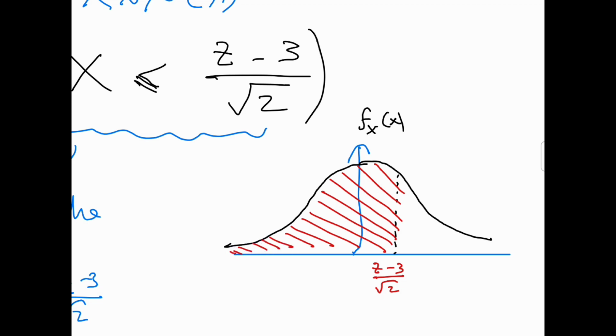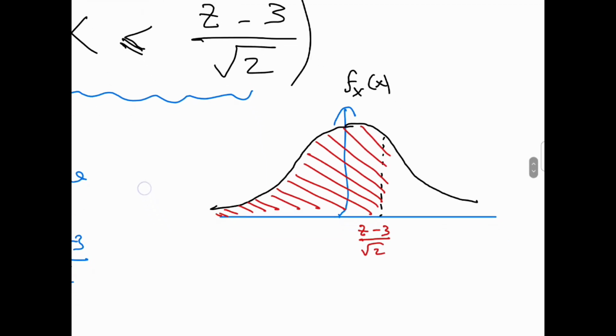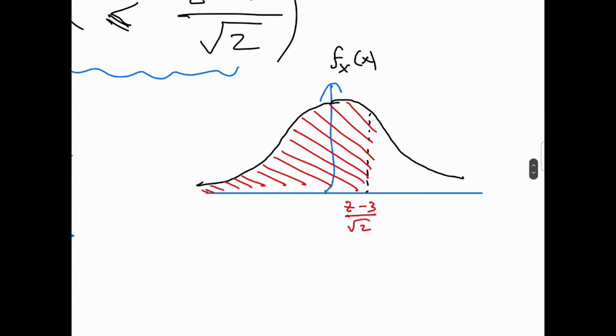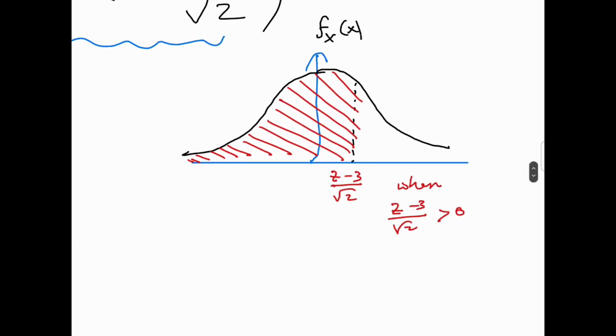Now, this is the case when z minus 3 over root 2 is greater than 0. In this case we have that z is greater than 3.